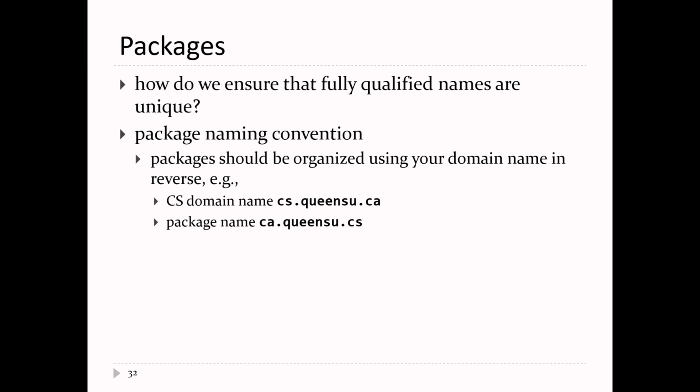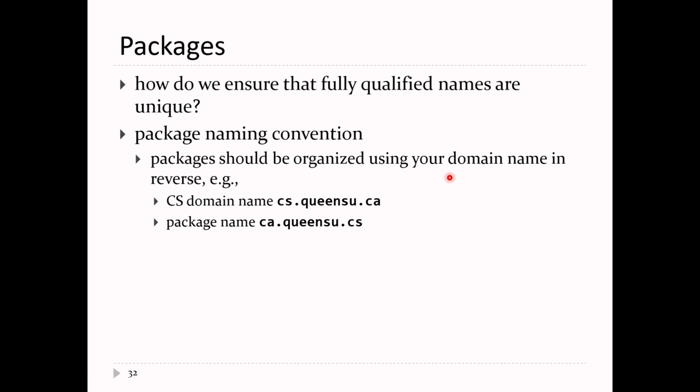So you write it in reverse, ca.queensu.cs, and that becomes your package name. If you're looking at the source code for the course, this is the package naming convention that's used there. Everything's in ca.queensu.cs.sysc124. And so that's the convention that's used.